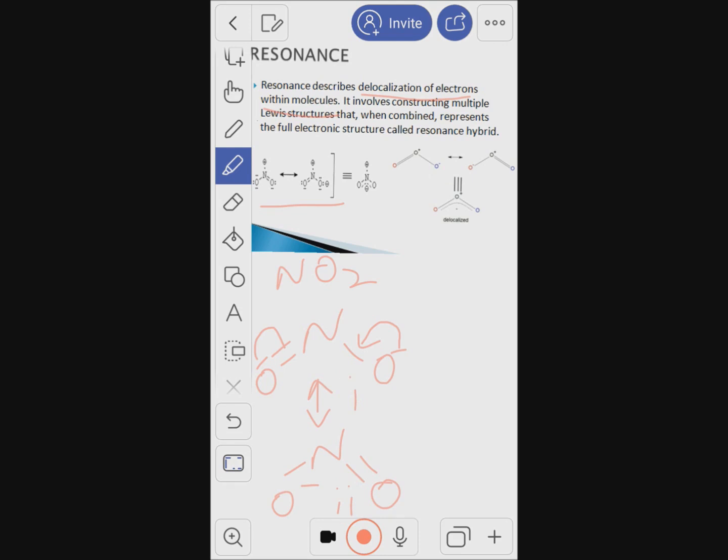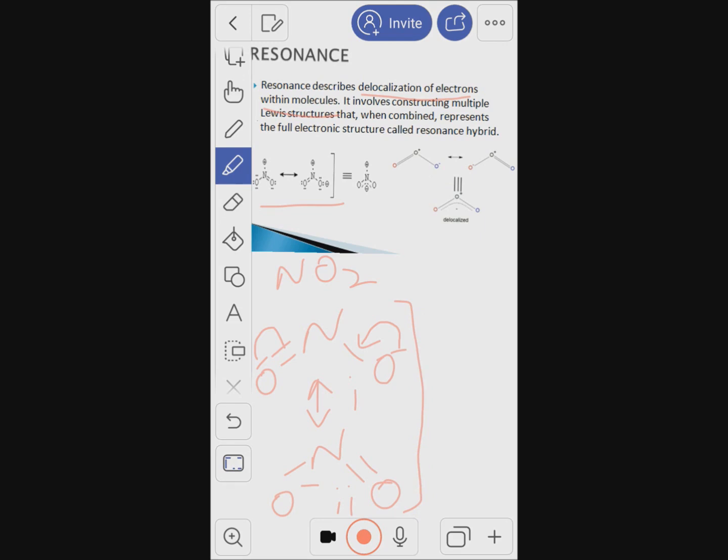These two structures are called resonating structures or contributing structures. These two structures are canonical forms, contributing structures or resonating structures.